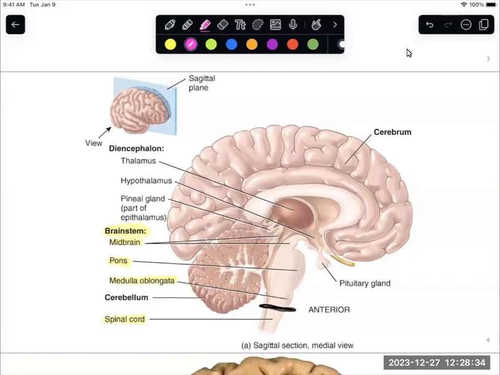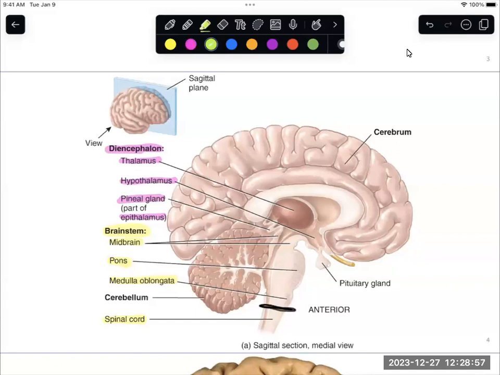And I mentioned the diencephalon. We have the thalamus, the hypothalamus, and then we have the epithalamus. Part of the epithalamus contains a gland known as the pineal gland. We'll go into more detail about it shortly.